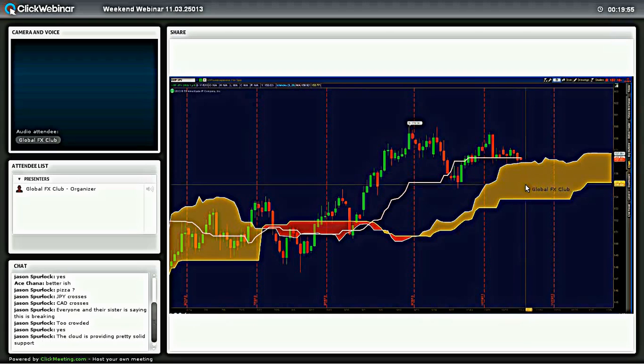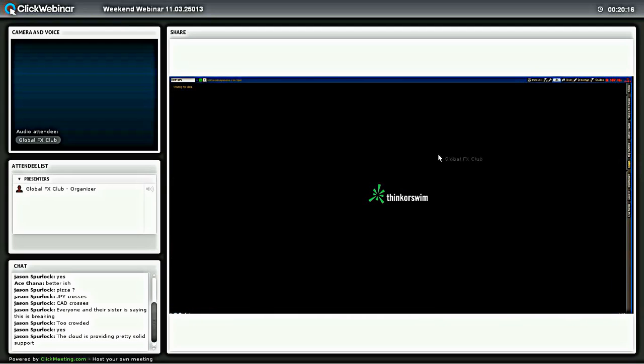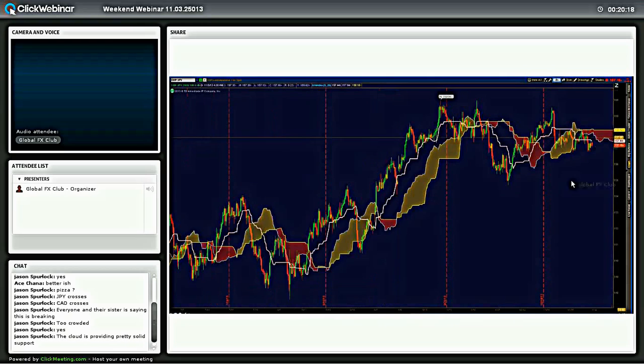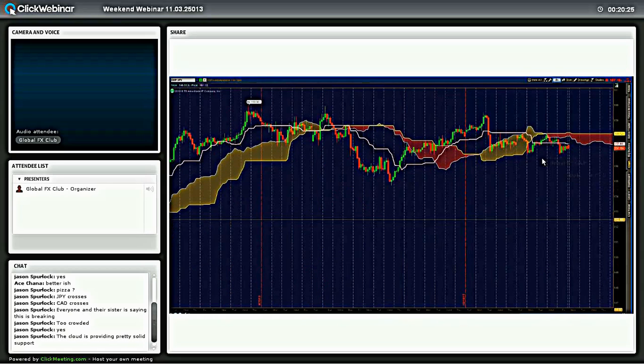So our mindset should not change until we see this pair start breaking down, and by the looks of it, it hasn't been. It's been finding a lot of clear support. Like Jason said, the cloud is providing pretty good solid support, and indeed it is. It's a very thick daily cloud, so in order for price to shift sentiment, it's going to take a lot, in my opinion. That negates what I'm looking at on a 4 hour time frame. So yes, price is trading below the 4 hour cloud, but looking at the overall picture, still looking for possible longs on pound yen.